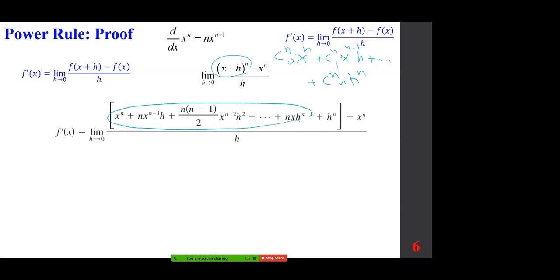Now, what was C? C is the combination: Cnr is n factorial over r factorial times n minus r factorial. Okay, class? Now what happens is this.